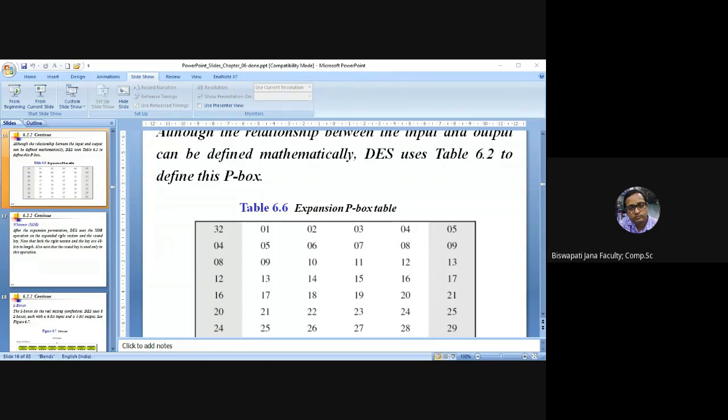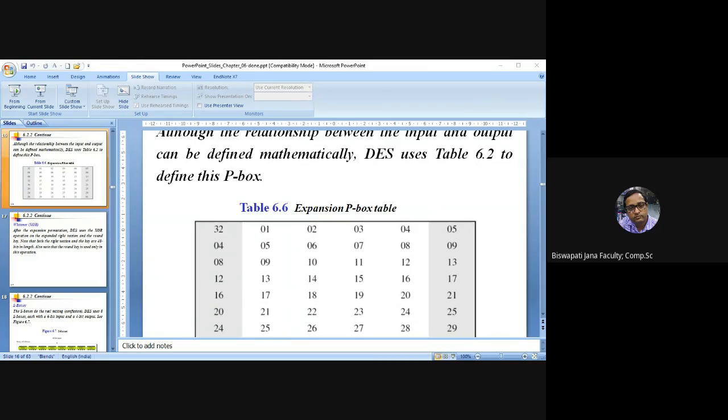The expansion P box table is nothing different from what we discussed just earlier: bit 32 will come to the first position, then 1, 2, 3, 4, and the 5th will come to the 6th position. So these 6 bits are generated from the 4 bits 1, 2, 3, 4. And again in the next block there are 5, 6, 7, 8, and 4 will come to the first bit and 9 will come to the last bit. So each block has 6 bits generated from 4 bits. So this is the expansion P box basically, nothing else.